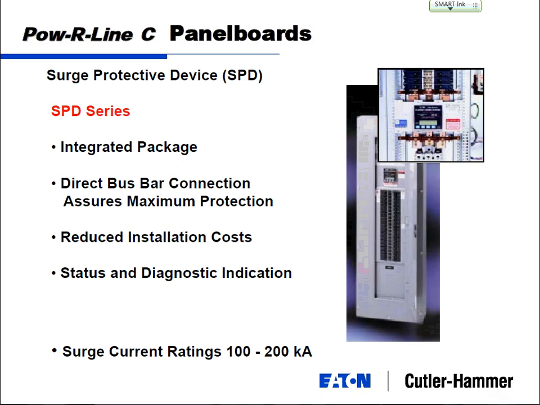So the other branch breaker, also feeding off that common bus, doesn't see it. So it's a 2-for-1 package, and it will add life to whatever electronic equipment you're having connected to your panel board. Also, you've got no installation cost from a transformer from a contractor standpoint, so it's purely a material play.